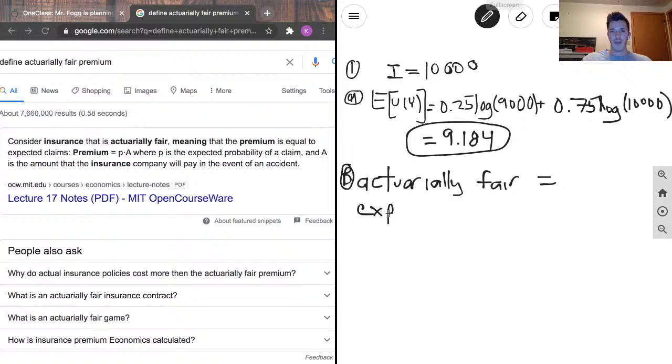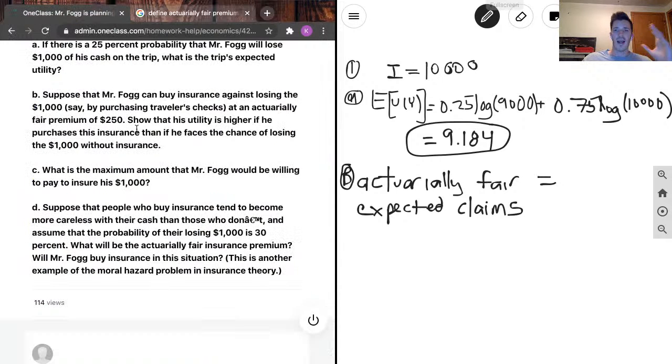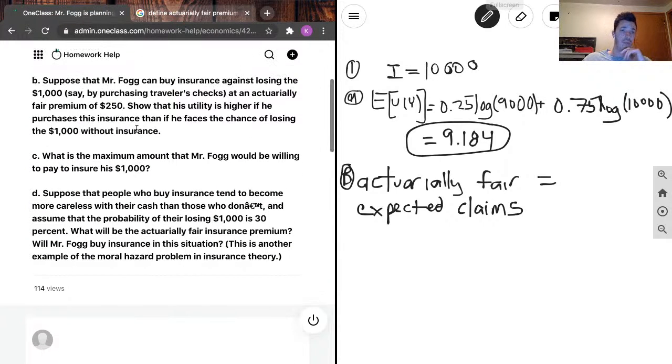So an actuarially fair premium is the one that is equal to expected claims. And in a perfect world, if they had perfect information, they would know how likely it is that whatever event you're insured against is going to happen to you specifically, and they would charge the actuarially fair price.